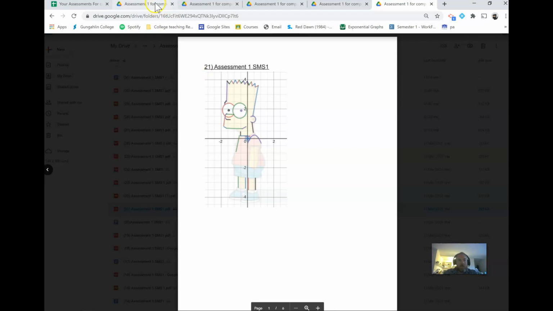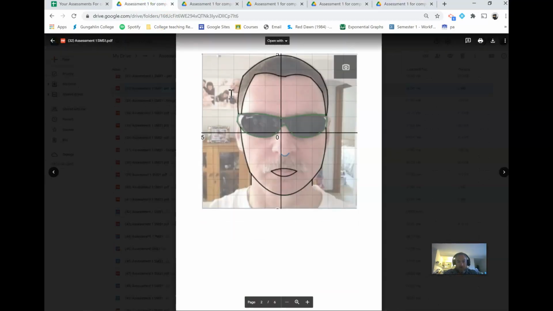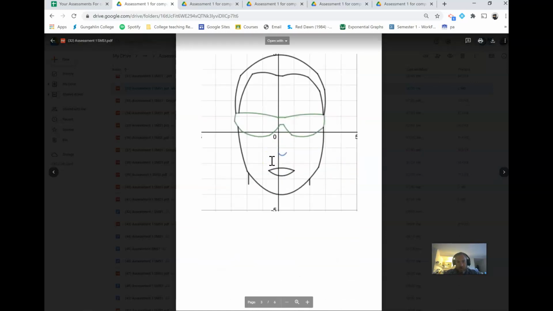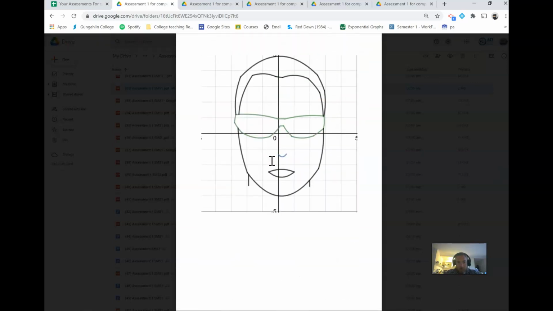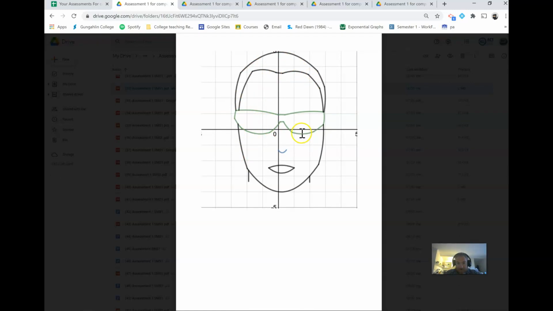Okay, looking at the assessments, I want to look at the picture first. So this one is the Keith picture. They've done a really good job. It's a very solid piece of work. All the lines match up. The sunglasses are pretty good.